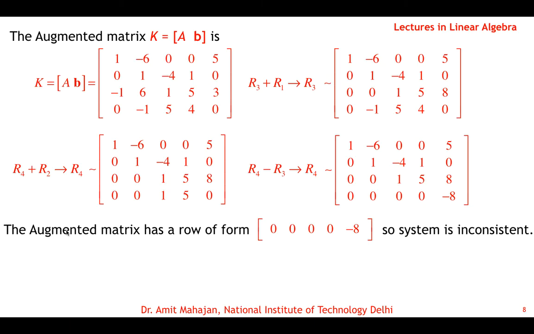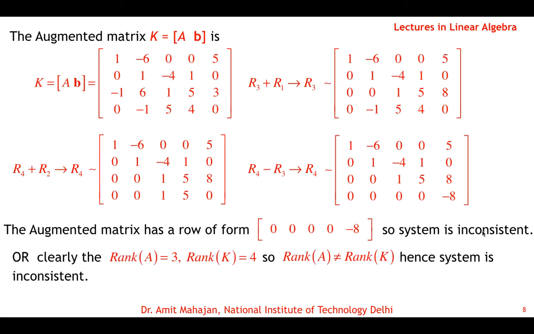Or clearly, looking at the rank of matrix A, which is this 4 by 4, there are 3 pivot positions, so rank of A is 3. The augmented matrix is this full matrix, and there are 4 pivot positions, so rank of K is 4. Rank of A is not equal to rank of K, hence the system is inconsistent. So either way you can look at it, and you can say that this particular system is inconsistent.